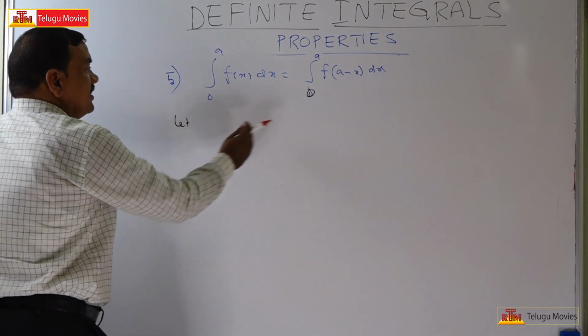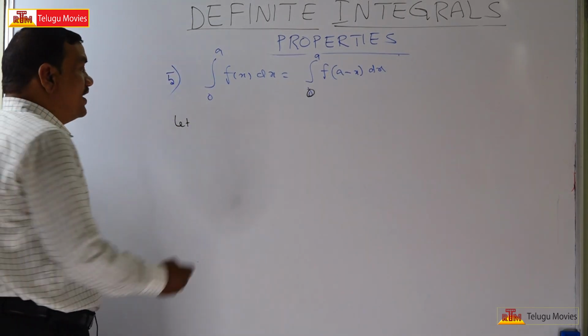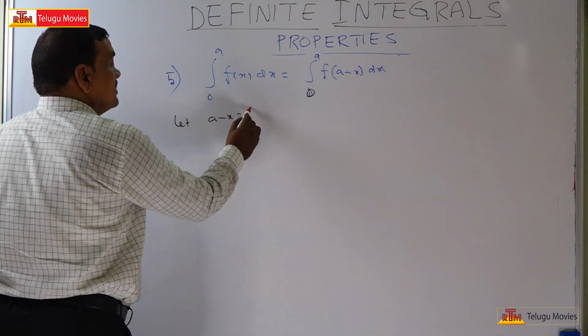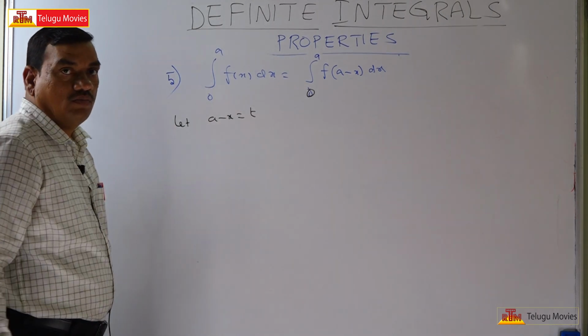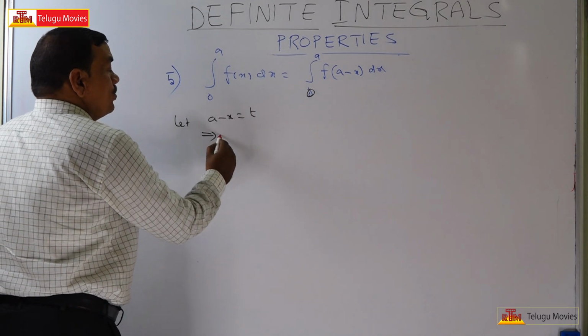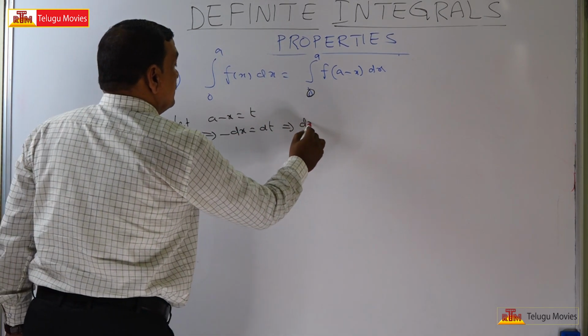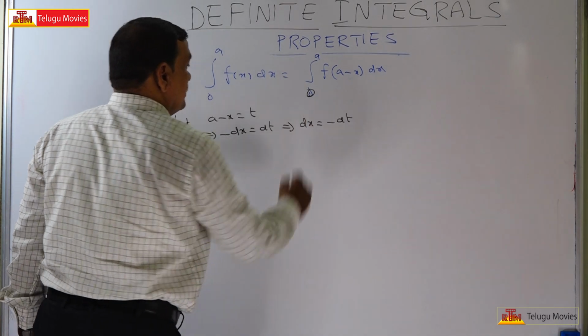First, let a minus x equal t. Put a minus x is equal to t, the substitution method. So minus dx is equal to dt, which implies dx is equal to minus dt.